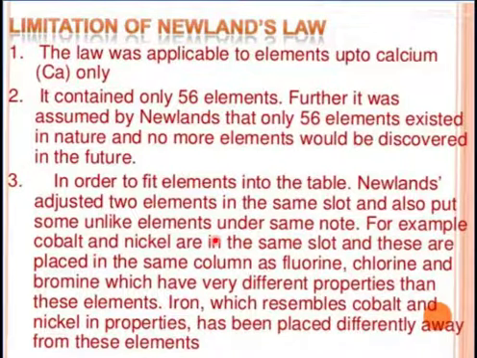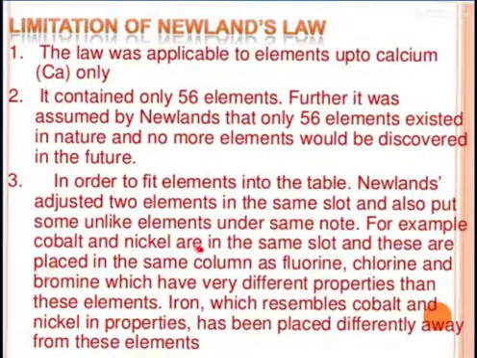Elements which have similar properties are placed far from each other, at different places, but elements having different properties are placed at the same place. So like elements are far apart and unlike elements are in the same slot.